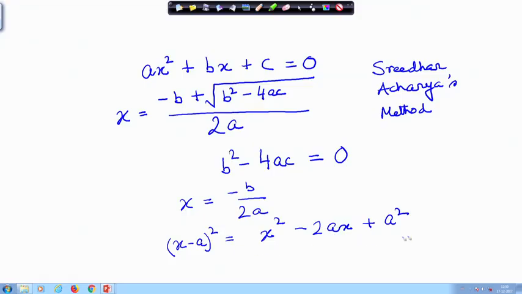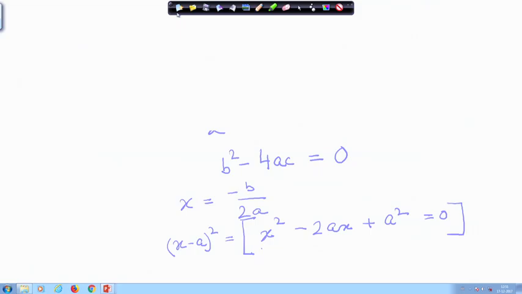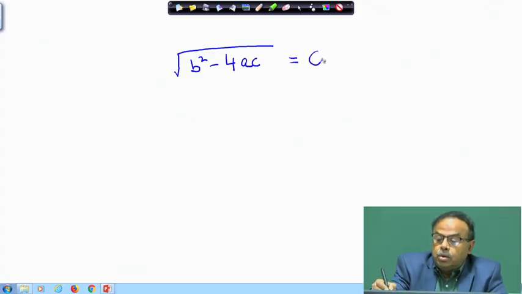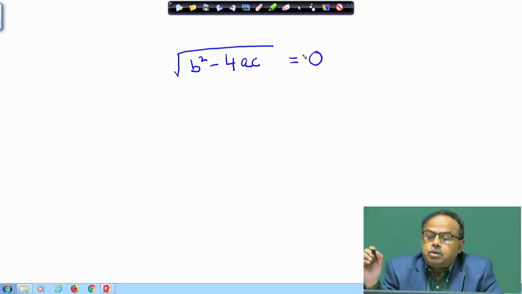Now, if I say that this is equal to 0, I can write it as x minus a whole square equal to 0, and that means x equal to a will be the root. That means x minus a is 0, so both the roots will be equal. So, if root over b square minus 4ac is equal to 0, in that case I will have both the roots equal.